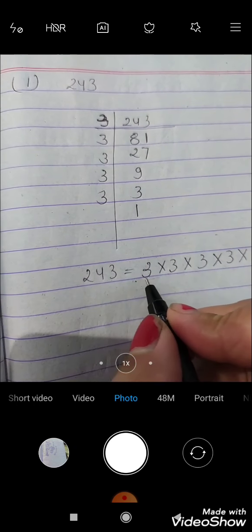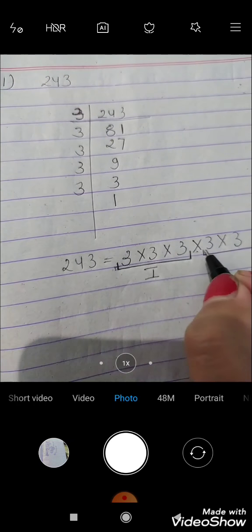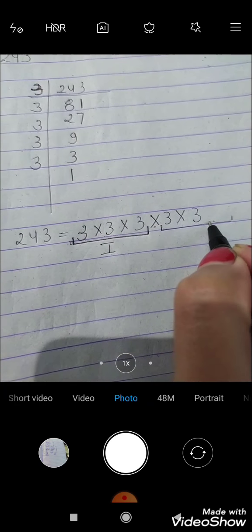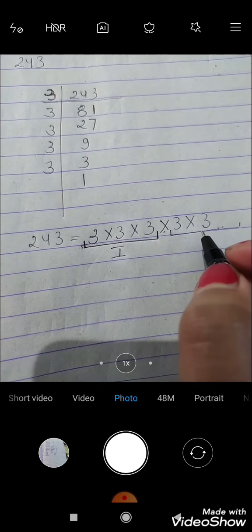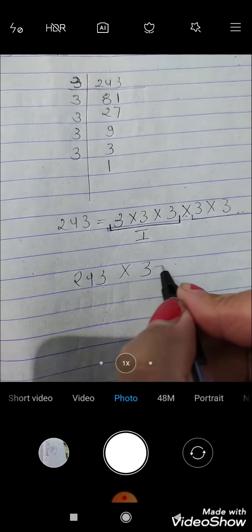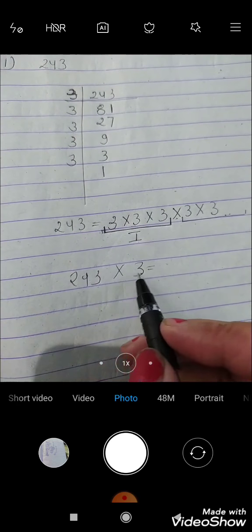Then we make groups of this, taking 3 similar numbers at a time. So we have one complete group, and in the second group there are only 2 threes, and we need one more 3 to make this number a perfect cube. So if we multiply 243 by 3, then it becomes a perfect cube. So our answer is 3.